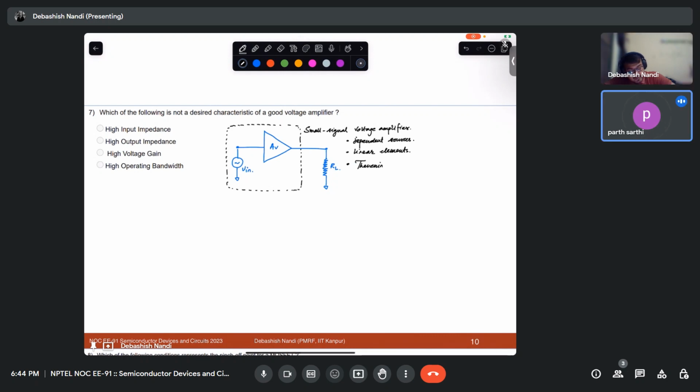Yes, sir. What if you do not have any linear element? Can we use Thevenin's theorem then? No, sir. Right. Remember that point always. So Thevenin's theorem can be used. What is the Thevenin equivalent circuit of this? Some voltage source in series with resistance and then RL.